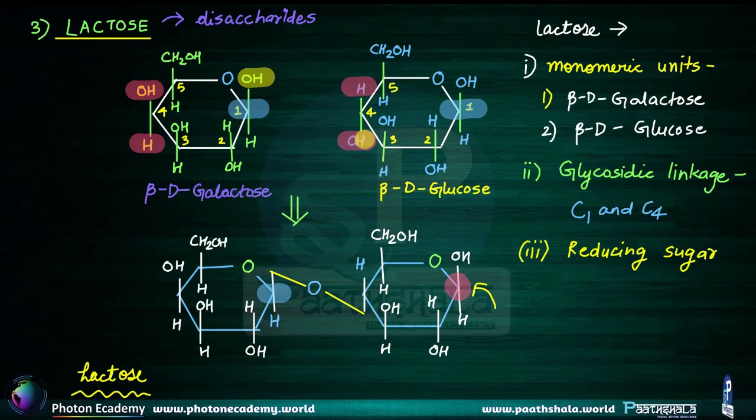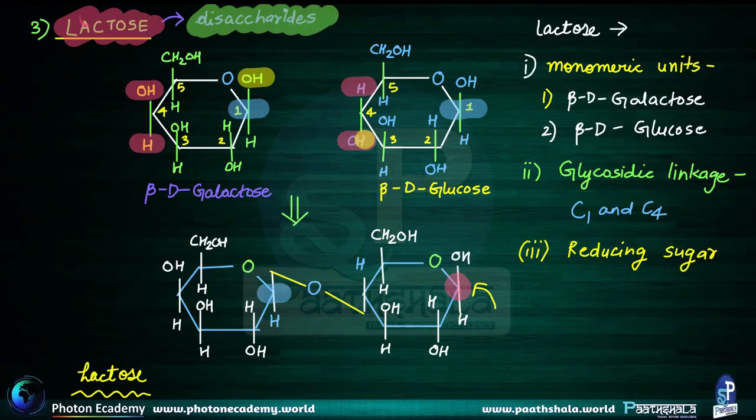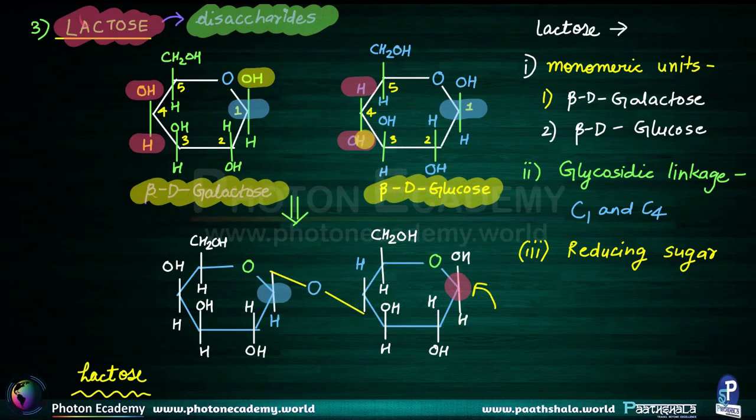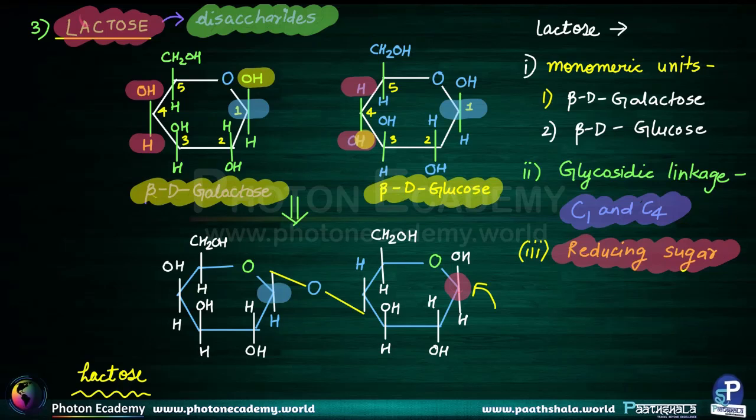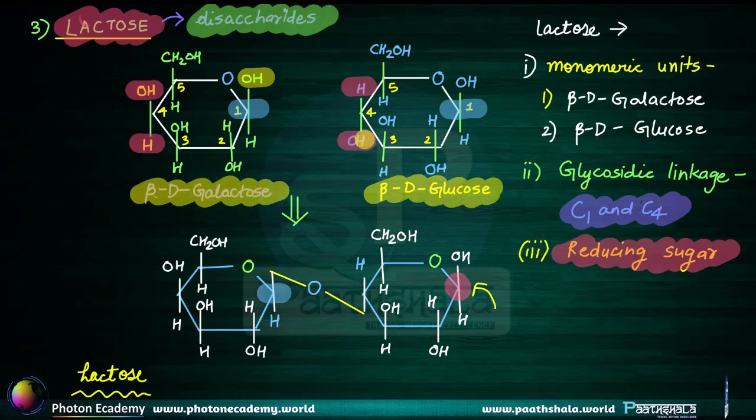So these are the points of highlight of lactose, a disaccharide made up of two monomeric units, beta D galactose and beta D glucose. Both of them are anomers of each other. Also, the glycosidic linkage is between C1 and C4, and because of the presence of the anomeric carbon, it will be a reducing sugar.